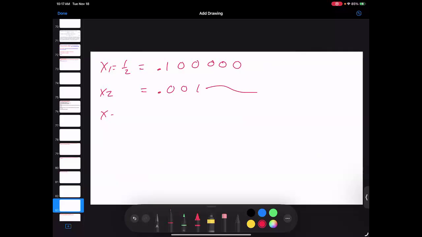And x3, I don't care about the first two digits, and the third digit is a 0, and I don't care what happens after. And x4, I don't care about the first three digits. The next one is a 0.